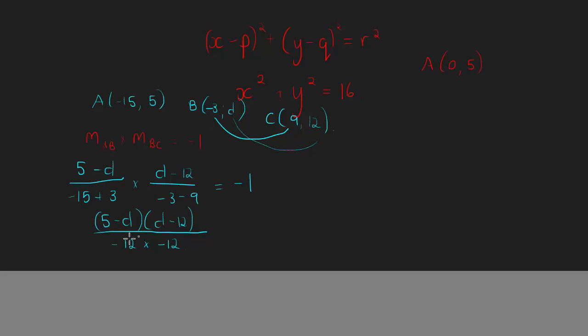So I get positive 144 times negative 1. So if I multiply that, I get 5d.